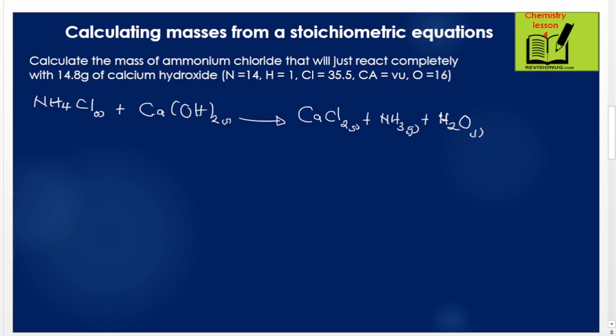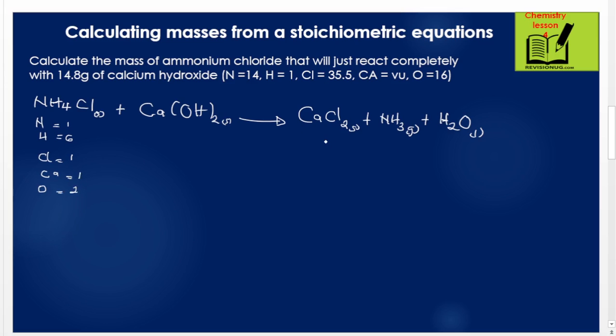Then we start balancing the equation. So we have nitrogen, hydrogen, chlorine, then we have calcium, then we have oxygen. Nitrogen here we have 1, then hydrogen we have these 4 and these 2, so hydrogen is 6, then chlorine is 1, then calcium is 1, oxygen is 2.